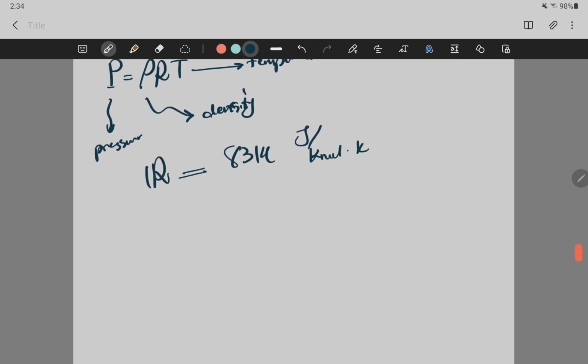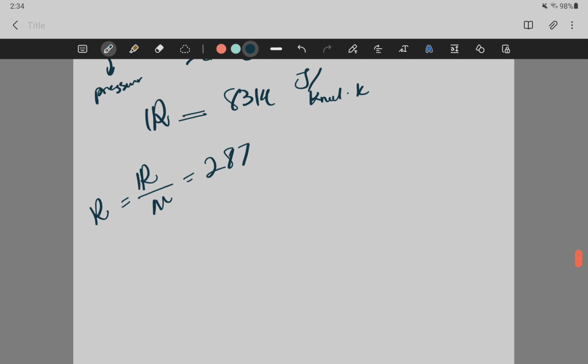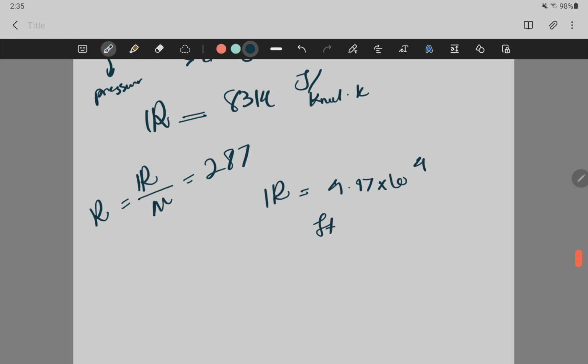But when you are dealing with air, this gas constant is going to be divided by molecular weight to give you, I'm not sure about this number, but it should be around 287 joules per kilogram Kelvin. In the British system, your universal gas constant is going to be 4.97 times 10 to the 4 foot-pound force per slug-mole degree Rankine.